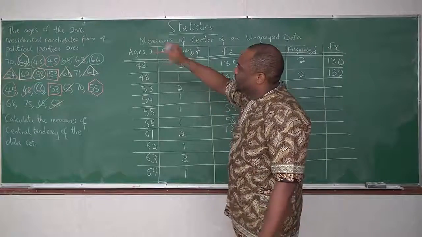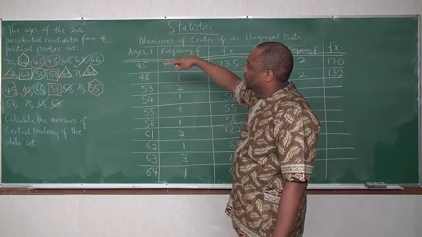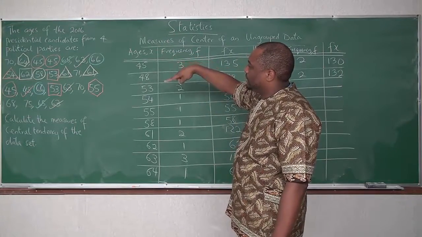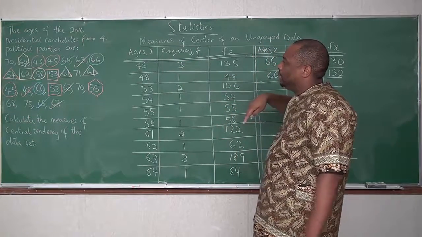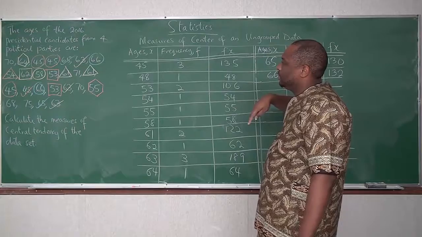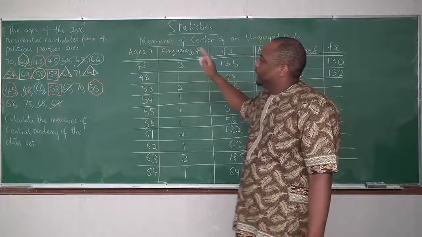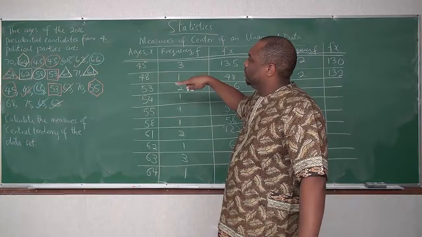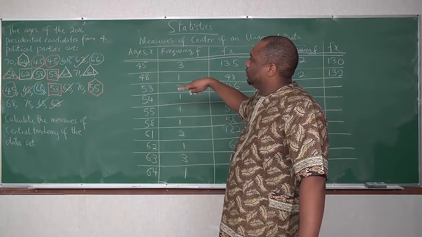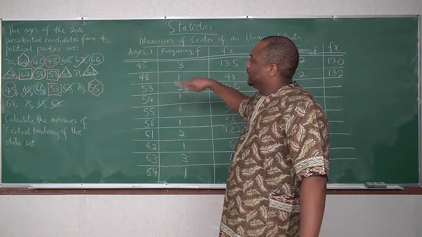For anyone, we have 70 in the first row, 71, 70, 68, 65. So the next one is 70. We have 70 remaining in the first row, 71 in the second row, 70 in the third row, 68 and 75.